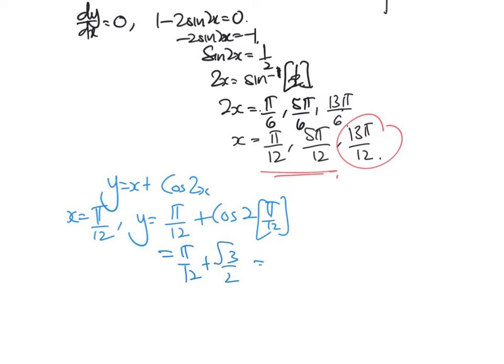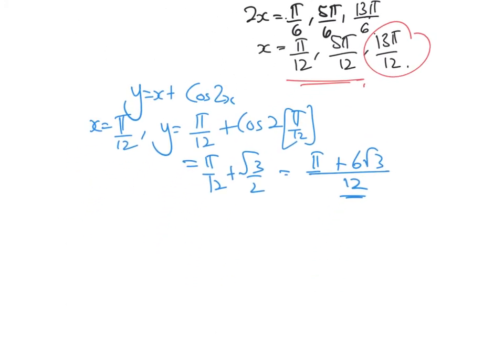So that's pi over 12 plus 6 root 3 over 12. That's my first coordinate: pi over 12, and pi plus 6 root 3 over 12.